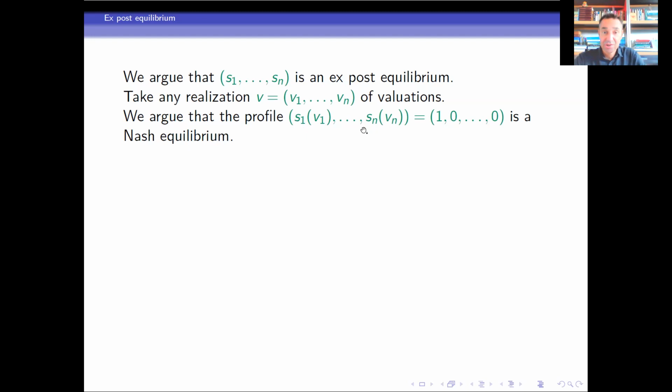So how do you check that this is a Nash equilibrium? Well, you're going to look at one of the players. Let's say we start with the wolf, and the wolf is facing a bid profile of lots of zeros.